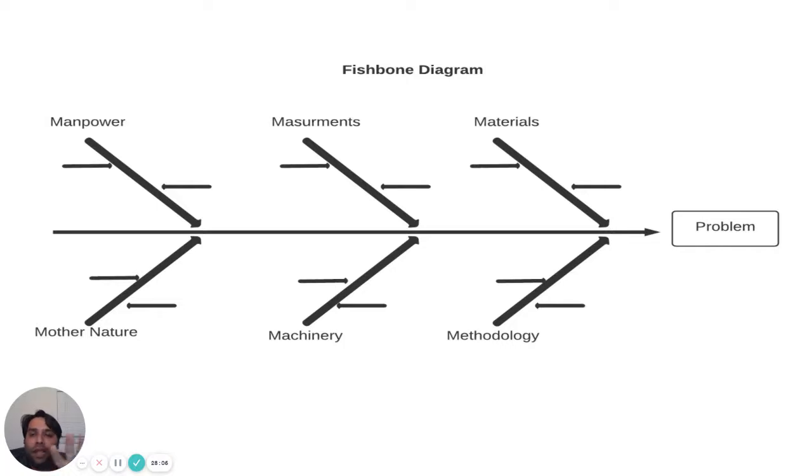So let's take an example. Let's go with the Slack example, right? What is the problem with Slack? The outage happened, right? So over here the problem would be the outage that happened with Slack.